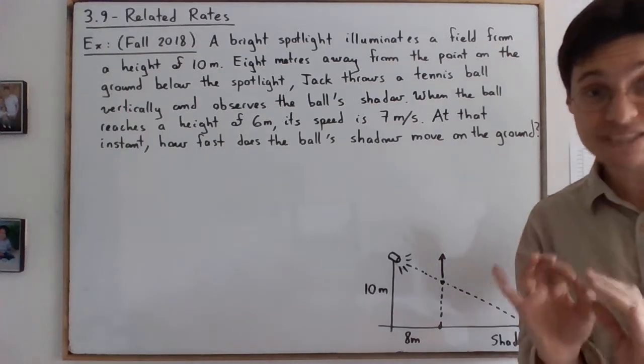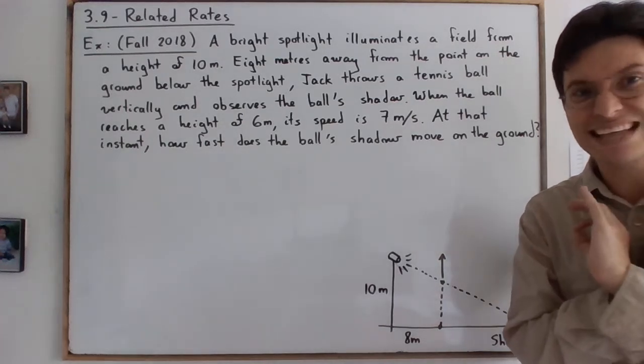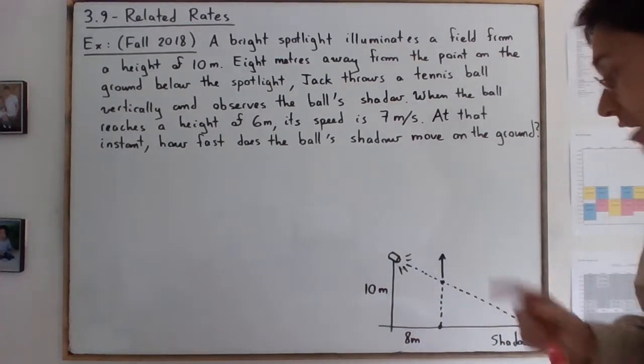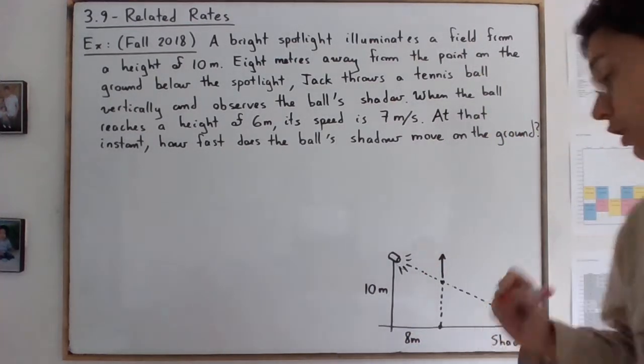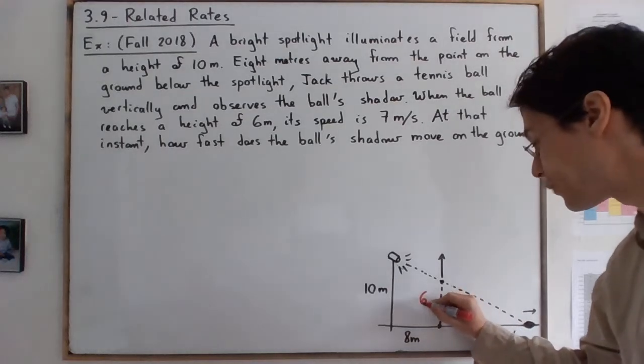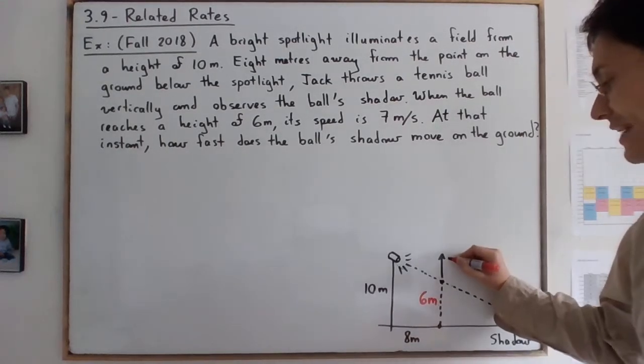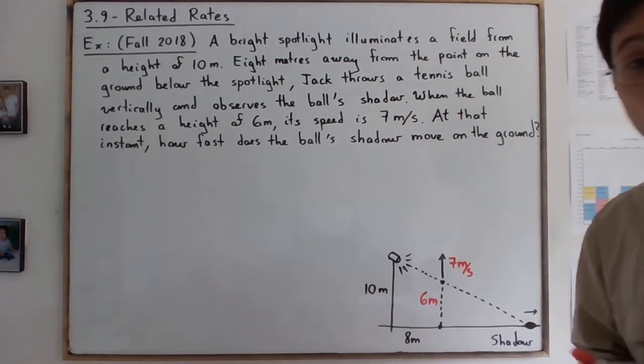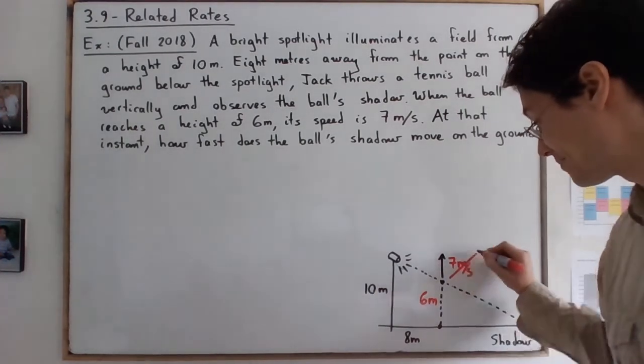The first thing I'm going to do is show you exactly what not to do. On this diagram, I know a lot of students will be tempted to write here 6 meters and here 7 meters per second. Don't do that.